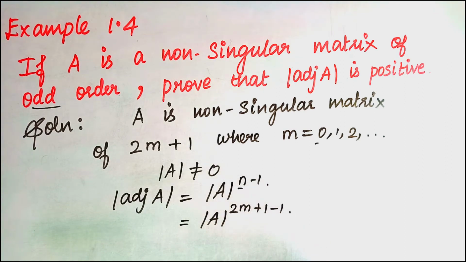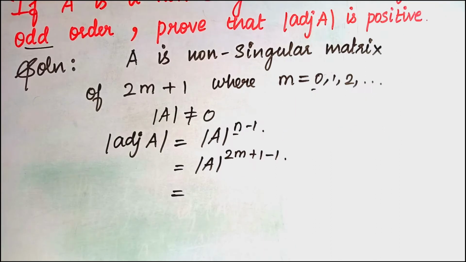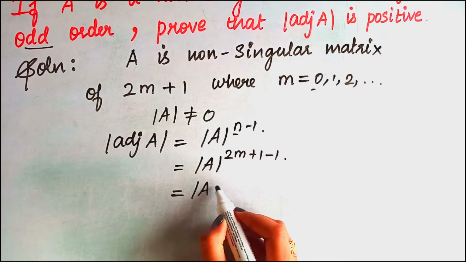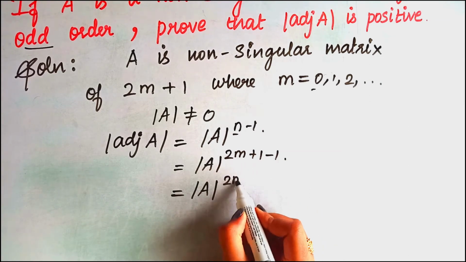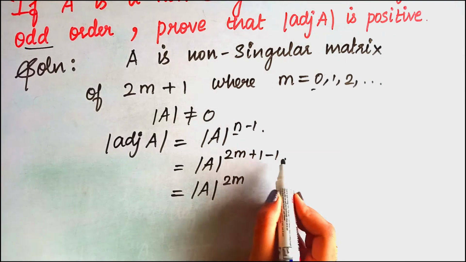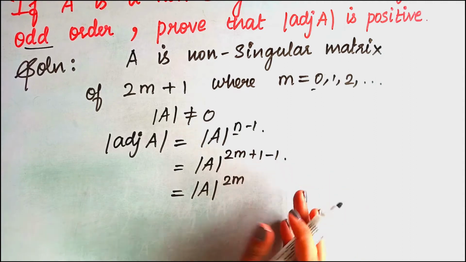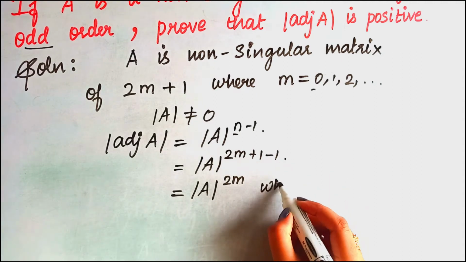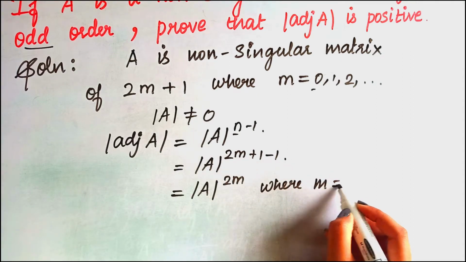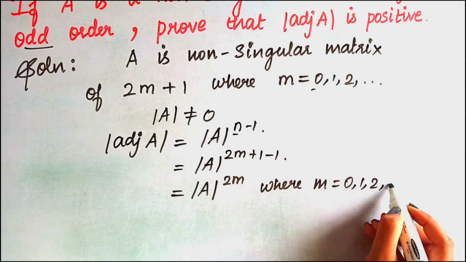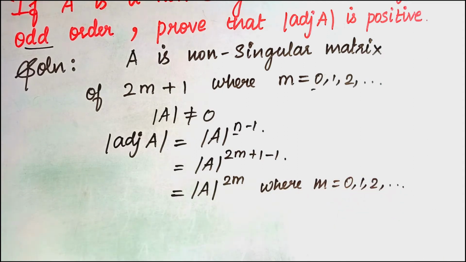Now we'll get determinant of A power 2m, because here plus 1 and minus 1 will be 0, where m is equal to 0, 1, 2 and so on. So we get this, right?